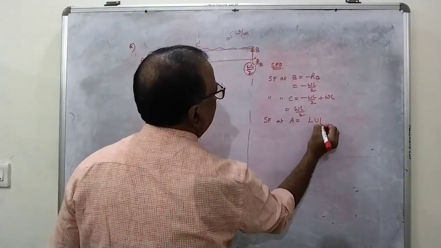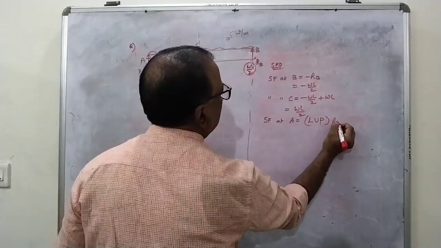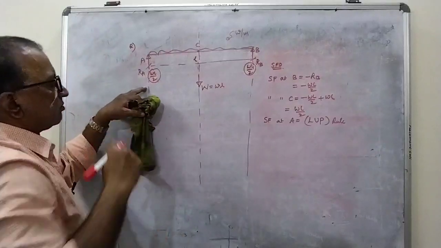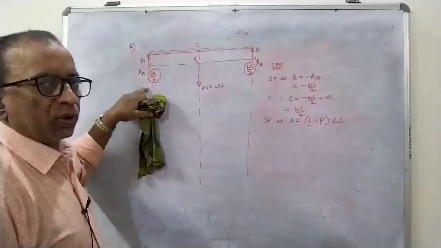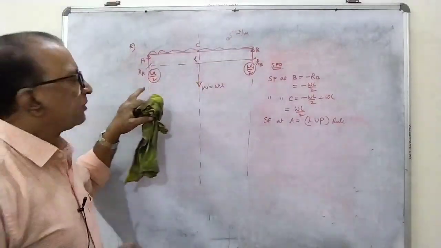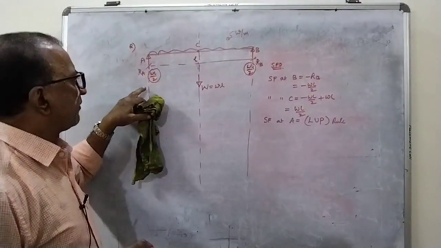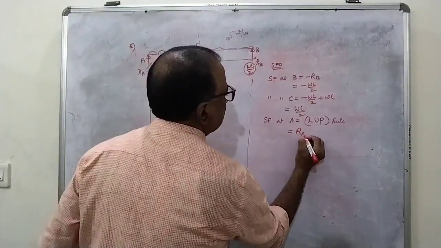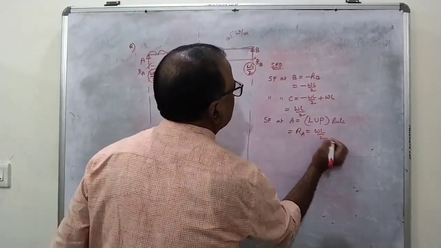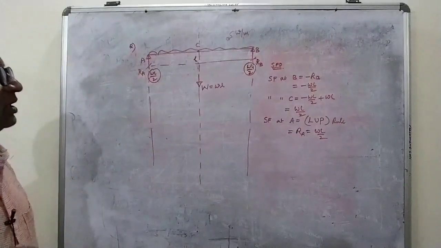You can use your rule. If you start from the left side, LUP rule, right side, RDN rule. LUP means left side upward force is positive. So it is nothing but plus RA, that is equal to wL by 2. Shear force at A is wL by 2.